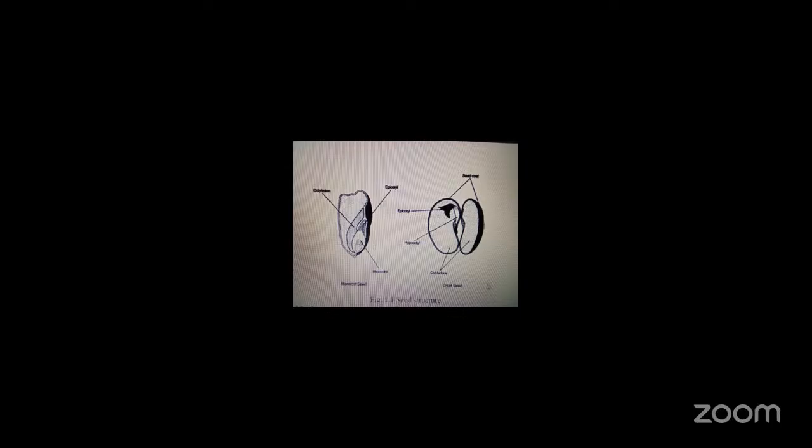So next one is the achene. Achene is also a single-seeded fruit where the pericarp can be removed from the mature seed, for example sunflower and safflower. Another type of fruit is the schizocarp. This is a dry fruit which separates into two or more units at maturity, for example coriander, sometimes carrot.